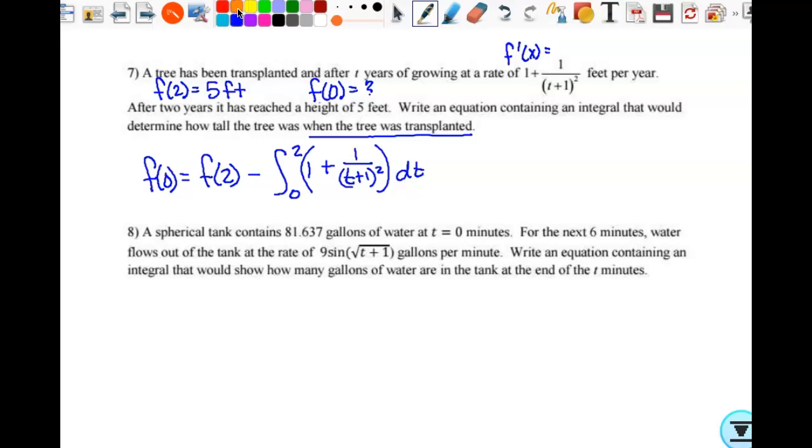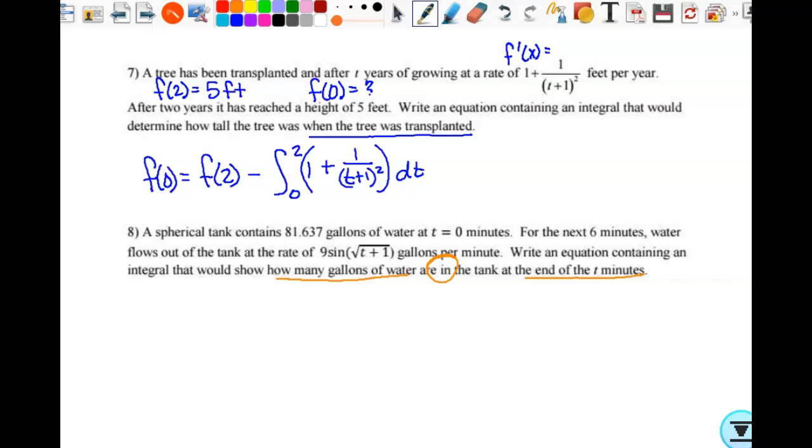A spherical tank contains 81.637 gallons of water at t equals 0 minutes. For the next 6 minutes, the water flows out of the tank at this rate, gallons per minute. Write an equation containing an integral that would show how many gallons of water are in the tank at the end of t minutes. Okay?